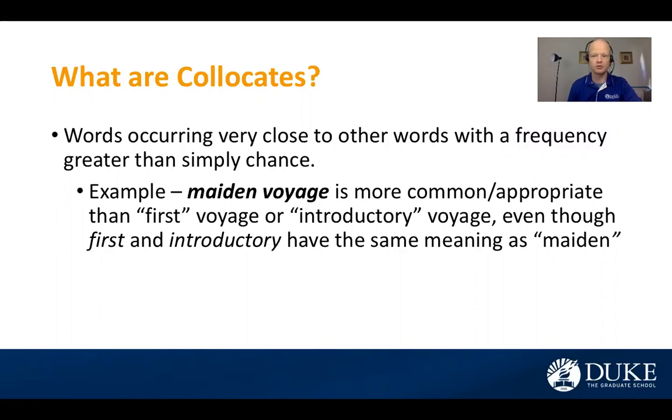Even though if you look in the dictionary, first, introductory, and maiden have all pretty much the same meaning, we would never really say or write first voyage or introductory voyage. The reader or the listener is going to expect maiden voyage.